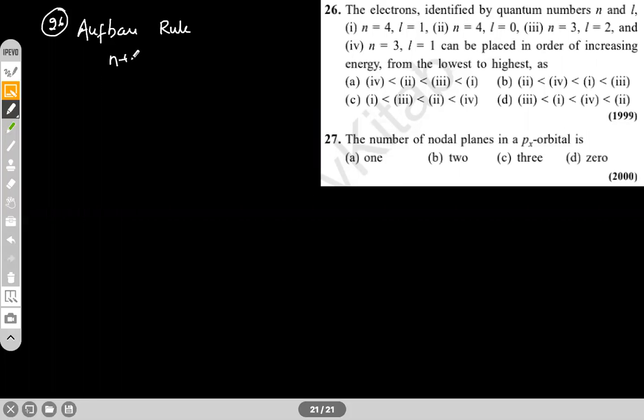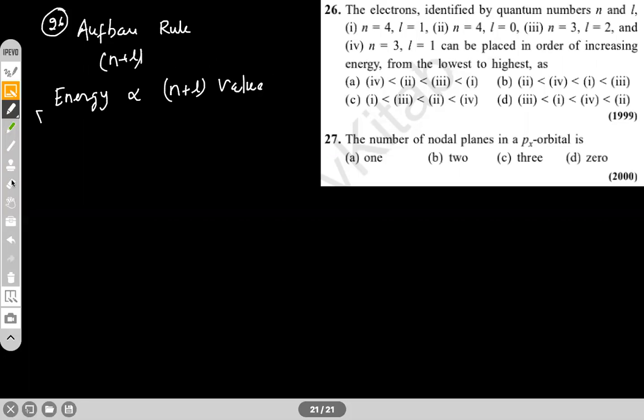N plus l rule. According to this rule, what do we say? That the energy is directly proportional to the n plus l value, right?